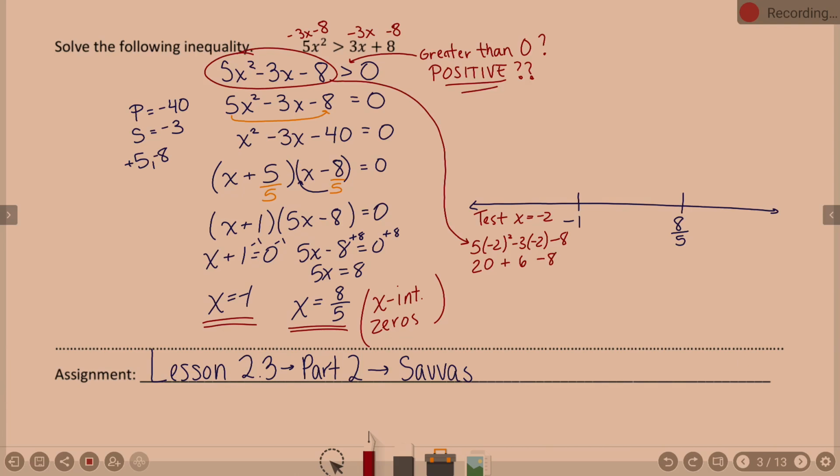Without doing the math, I know I'm still going to be in positive land. 20 plus 6 is 26, minus 8 is 18. And all I need to know about 18 is that it is positive. So this segment is positive.